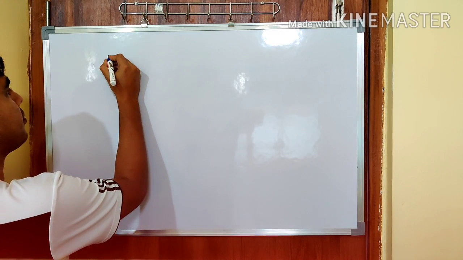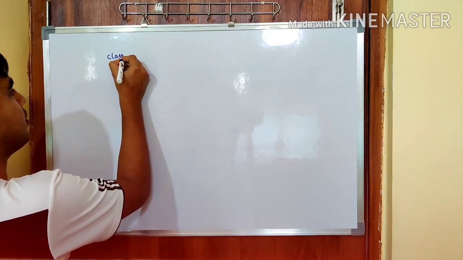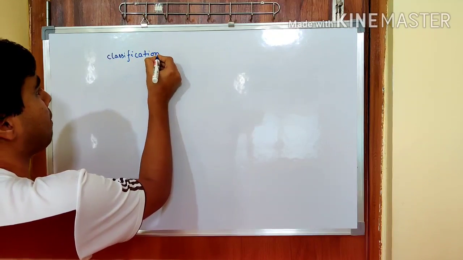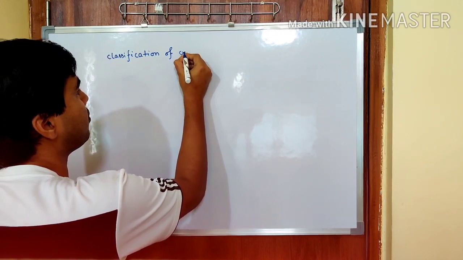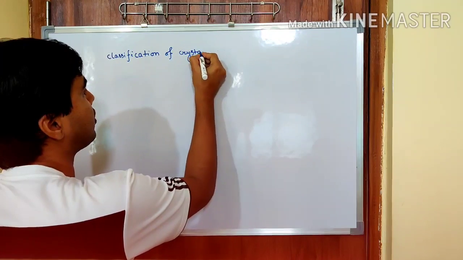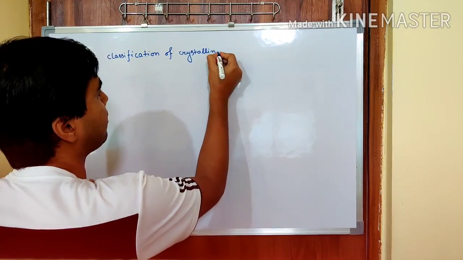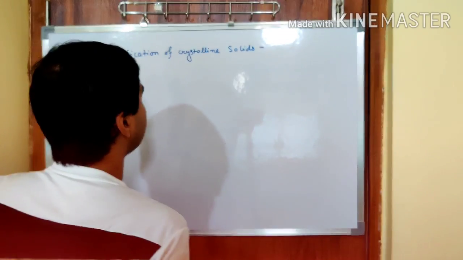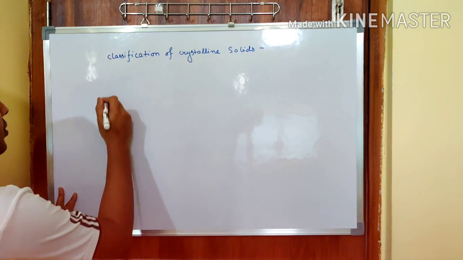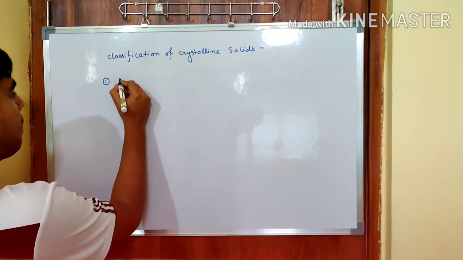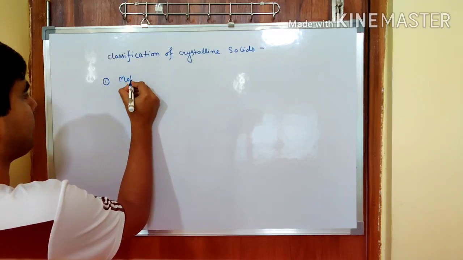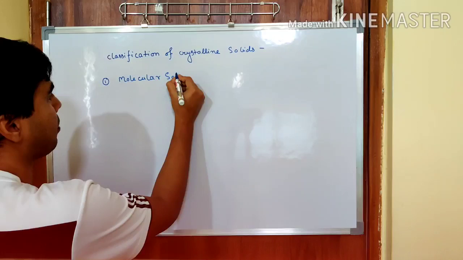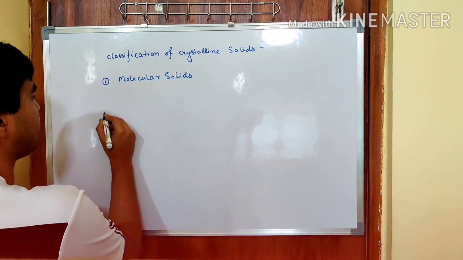So it is the classification of crystalline solids. These are actually of four types. The first one is molecular solids.